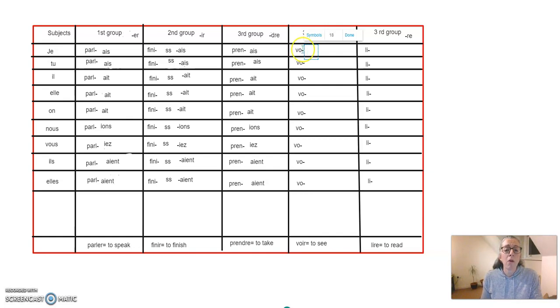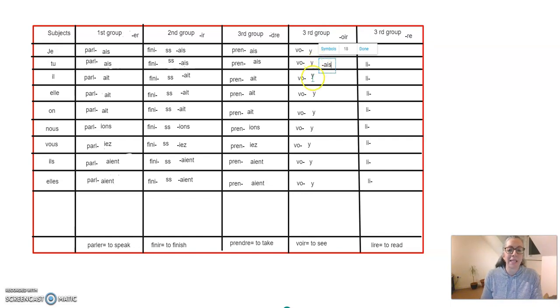So with voir, which means to see, we're removing IR and we are adding a Y instead of the R, at every person. There you go.